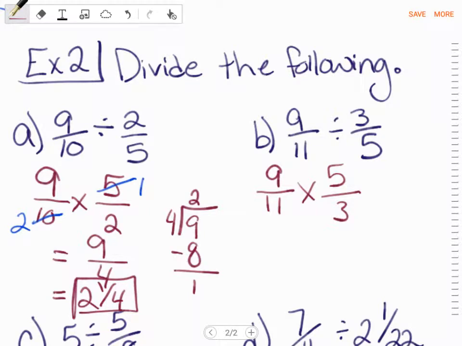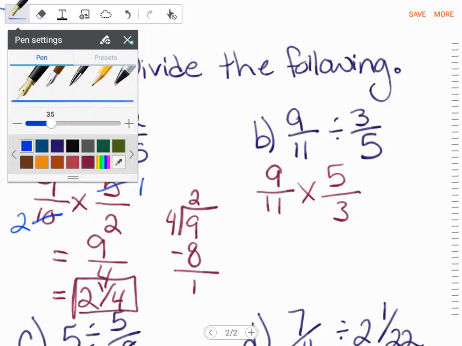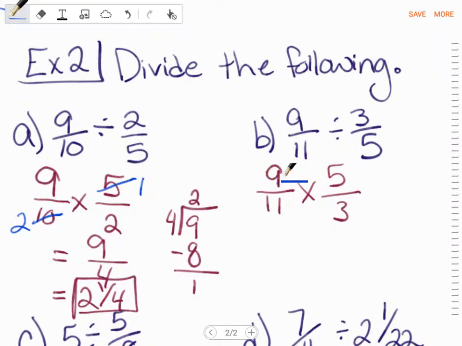From here, I'm going to see if there's any way that I can cross cancel. With my 9 and my 3, 3 can go into both of them. 3 can go into 3 1 time, and it can go into 9 3 times. Then you look at the 11 and the 5. Well, the only number that can go into both 11 and 5 is 1. Remember, we've said that if you divide by 1, it doesn't change the answer. So it's not going to help us.